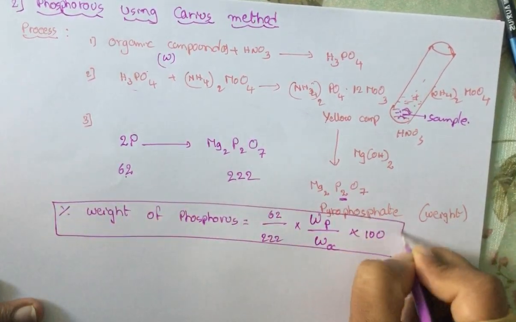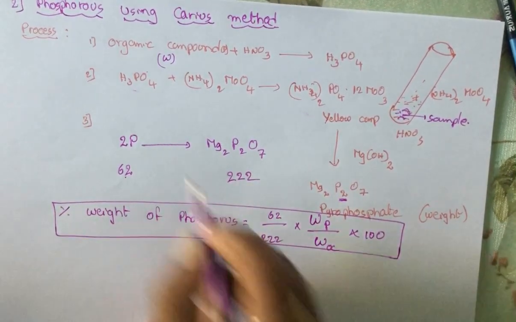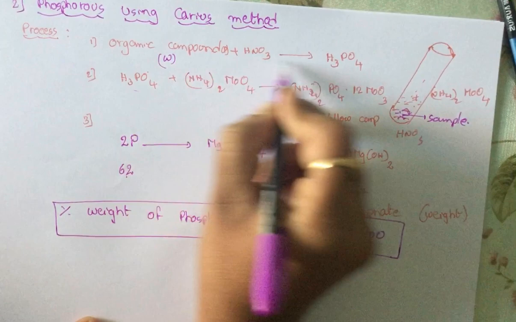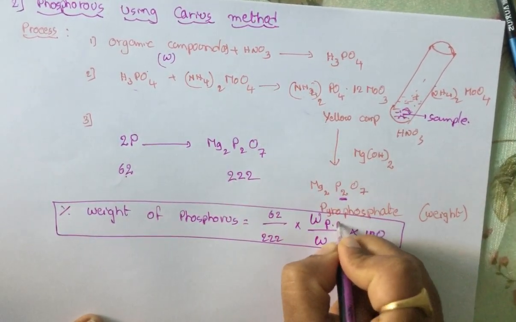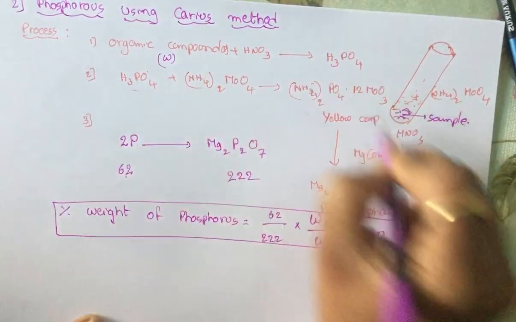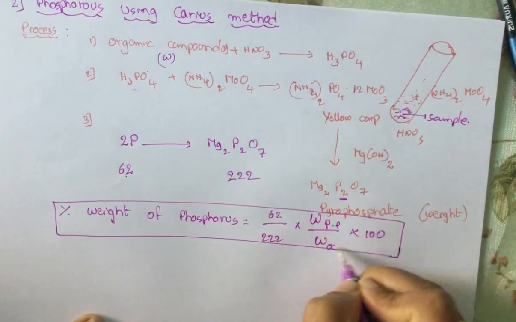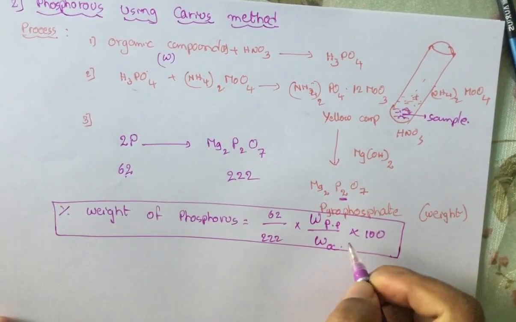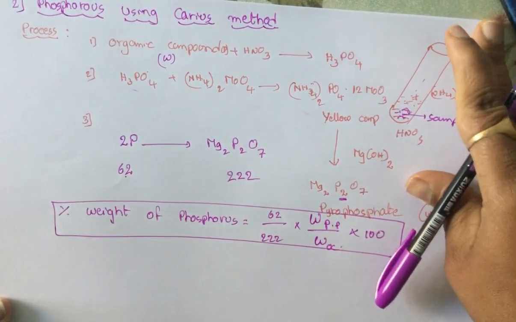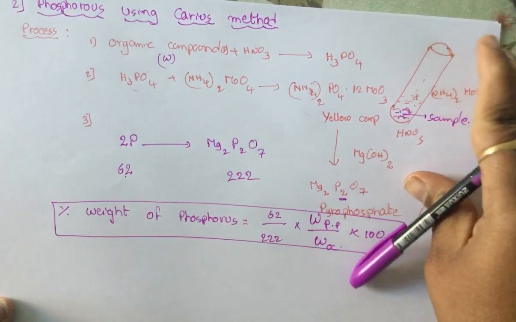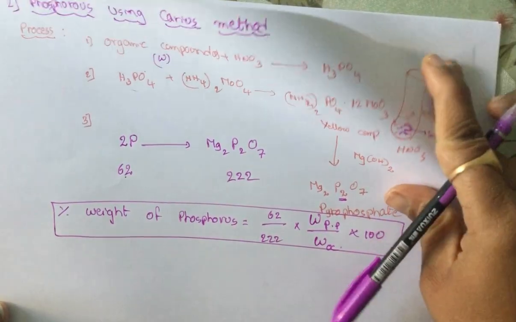Just substitute the weight of organic compound you took for this process and the weight of pyrophosphate obtained, and you can estimate the percentage weight of phosphorus easily. So that's all about how to determine phosphorus using Carius method.